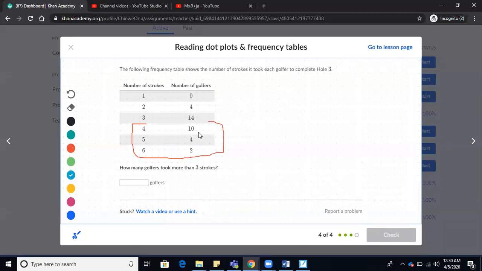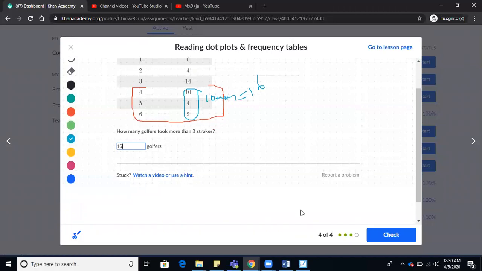I know 10 golfers did 4 strokes, 4 golfers did 5 strokes, and 2 golfers did 6 strokes. So I'll need to add up this number of golfers, 10 plus 4 plus 2, which will give me 16.